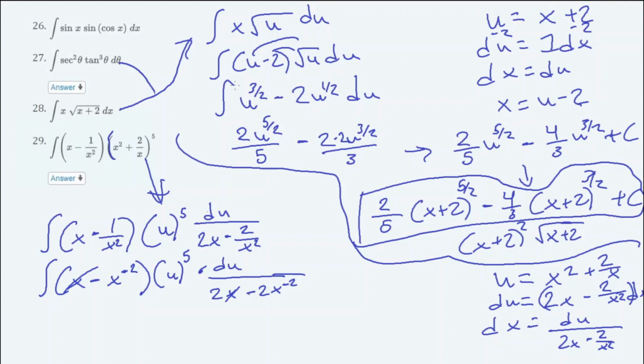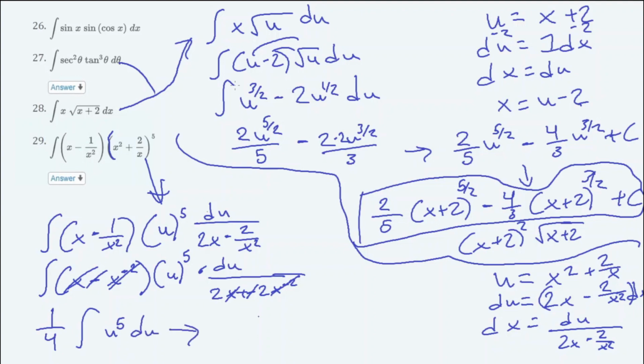So what we could do is just cancel out this negative and the negative, and the x to the negative 2 power. So on the denominator, we're left with 2 times 2. So now that's a constant. That's going to be essentially 1 over 4. So we could bring that out to the outside. Let's rewrite everything. So we're going to have 1 over 4 times the integral of u to the 5th power du.